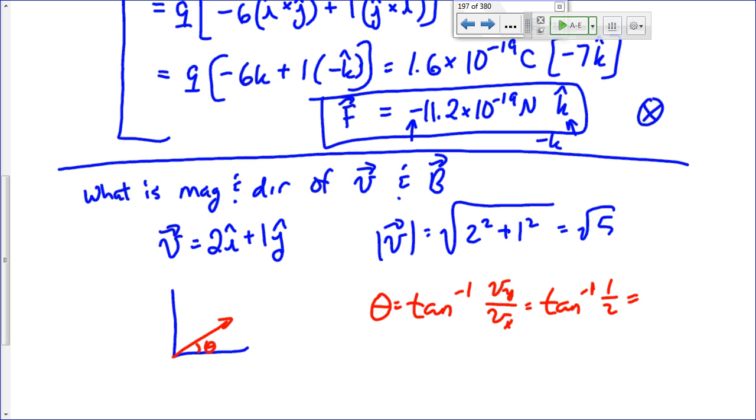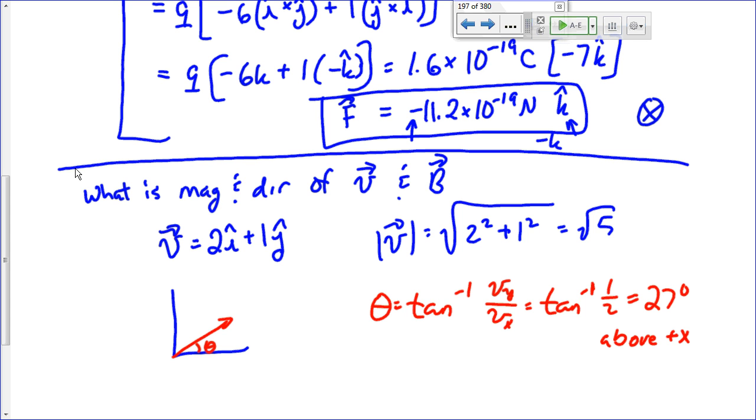Which is equal to 27 degrees above the plus x. Alright. Make sure you're up on your vectors, how to find magnitudes and directions and all that business. There's some homework problems to help you practice, and then the old test problems are a good practice for you too.